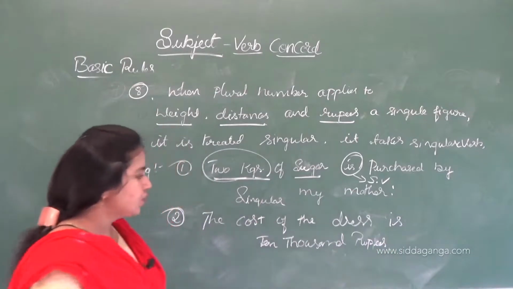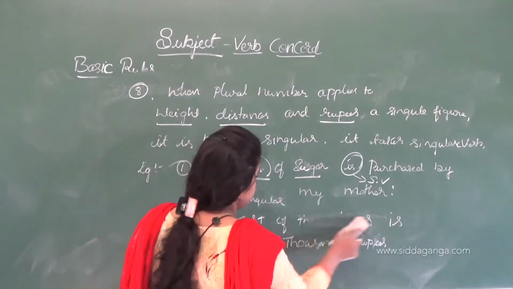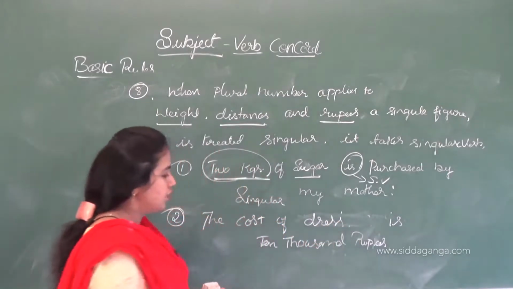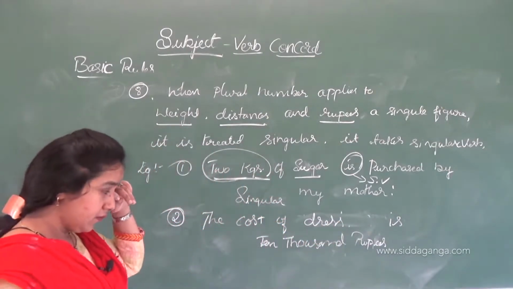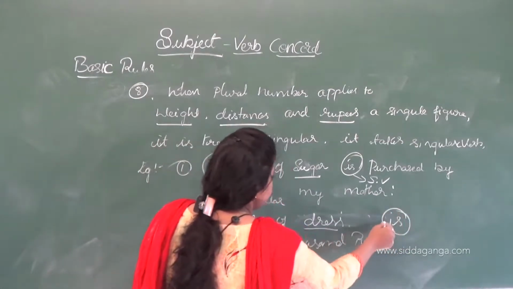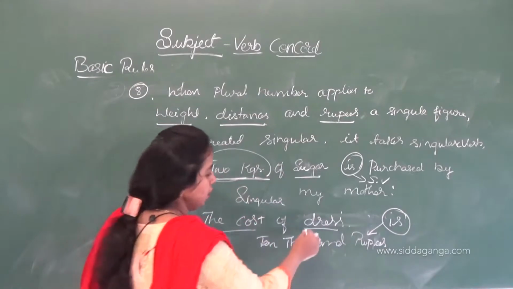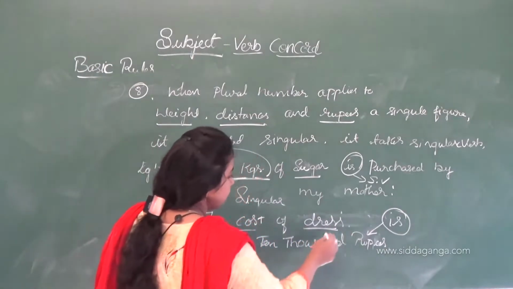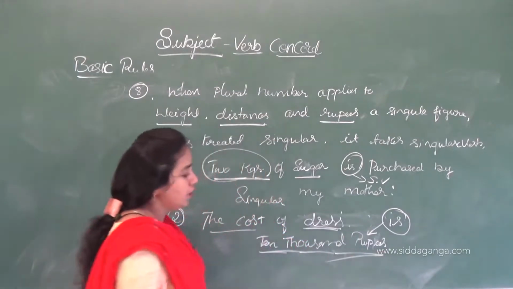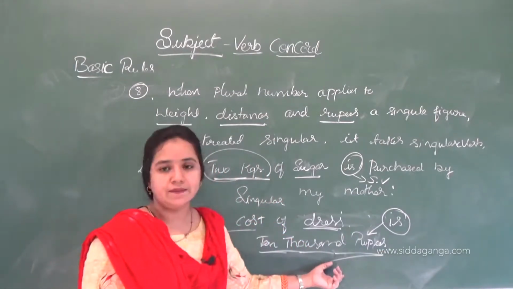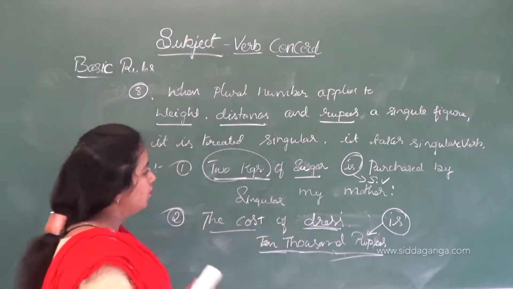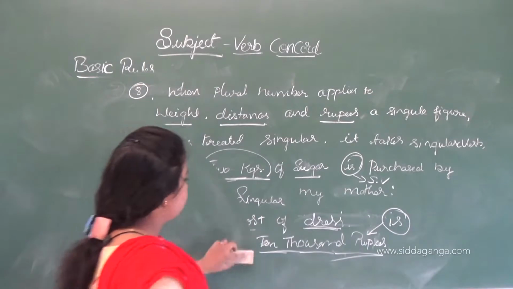When it says the cost of the dress is, it does not use are, because dress is singular here, and it does not refer to a plural. 10,000 rupees is used as a single figure here too. I hope you all understood this.